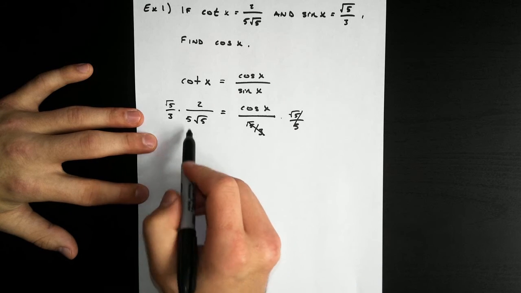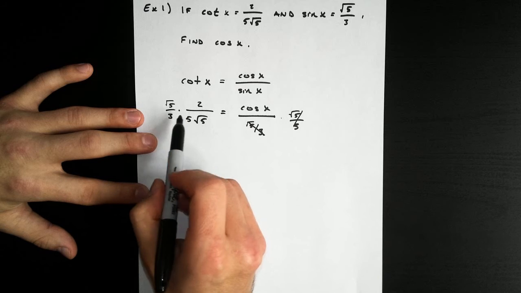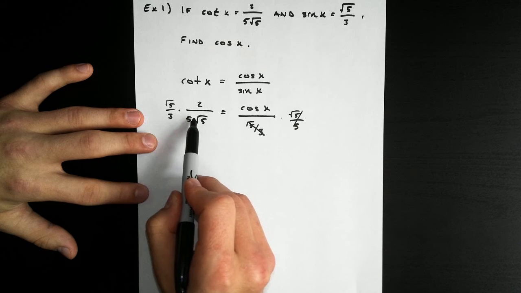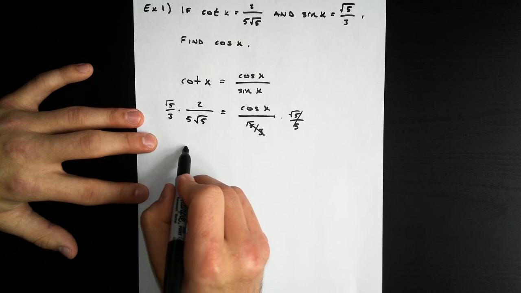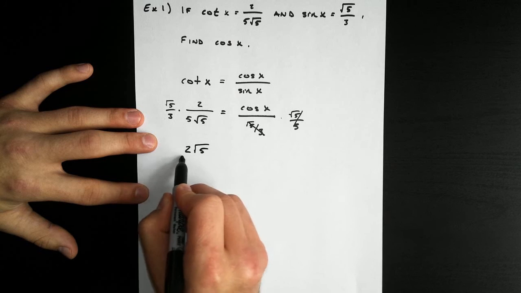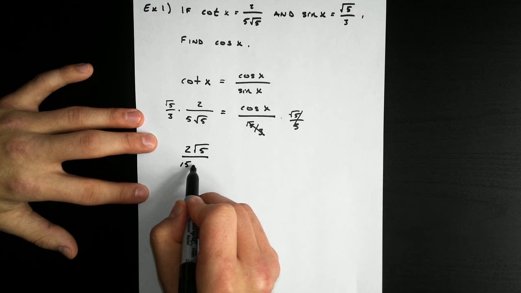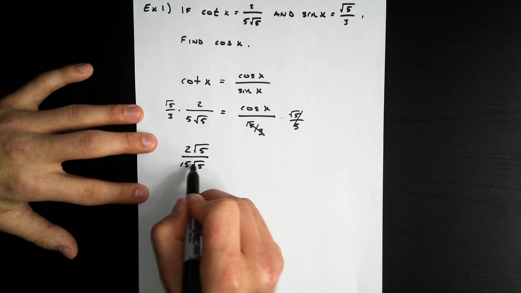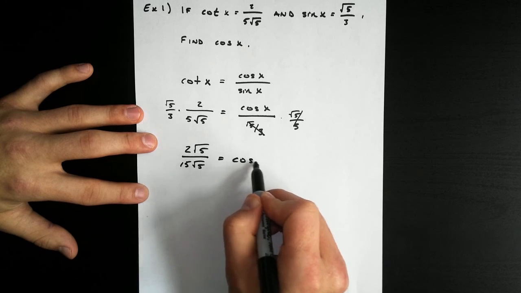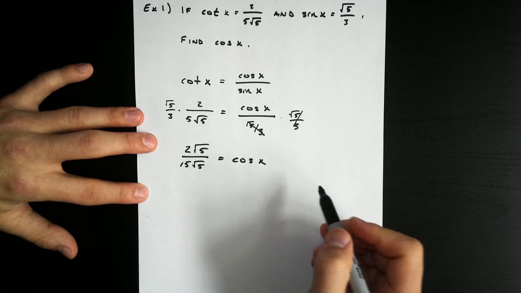And then on the right-hand side, when we multiply two fractions together, we multiply the numerators, multiply the denominators. So we're going to end up with 2 times the square root of 5. And then 3 times 5 is 15 over this times the square root of 5. And that's all equal to the cosine of x.